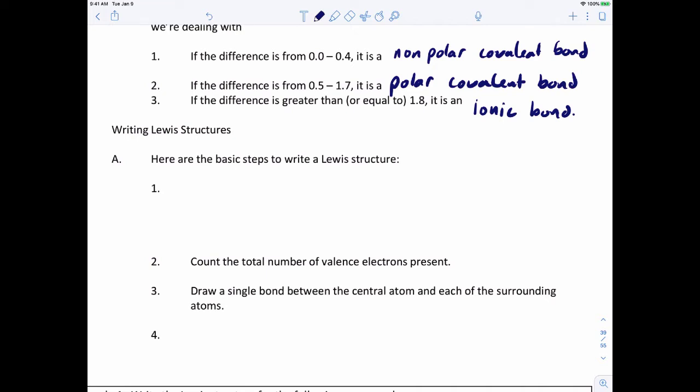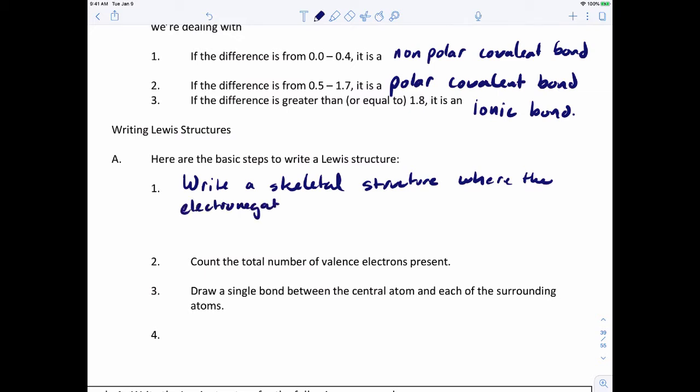So the first direction that we're given is that we need to write a skeletal structure where the electronegative atom goes in the center. Okay.